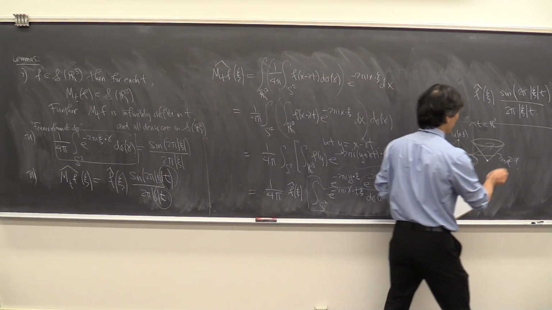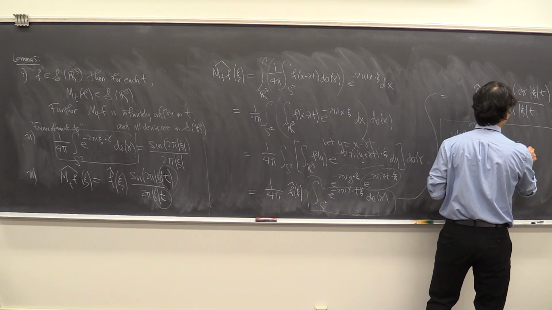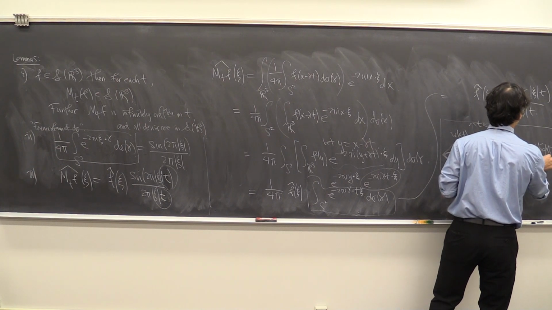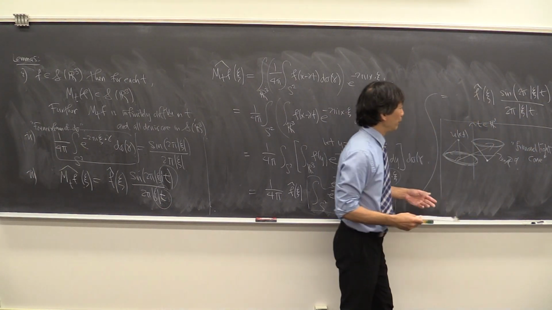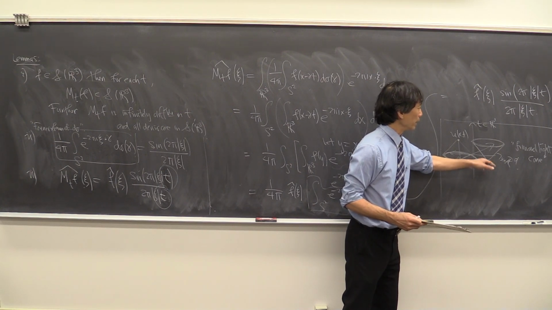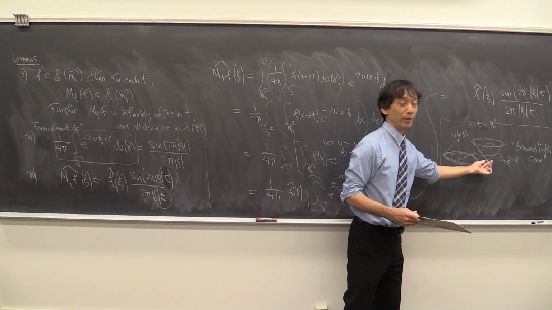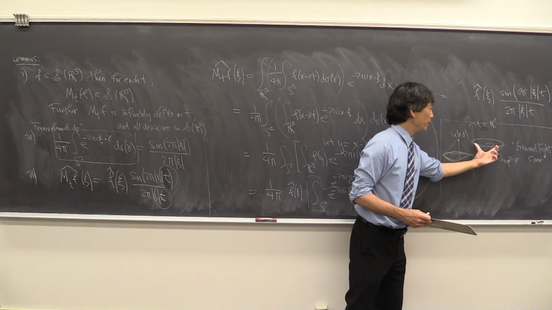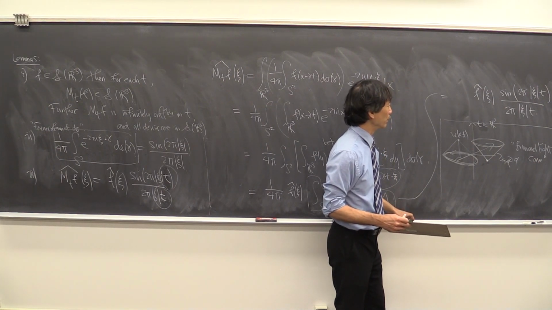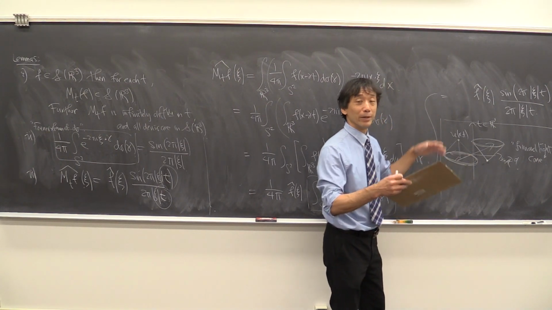So they call this the forward light cone. Like if you have a flash of light here, then it propagates in this spherical manner around it.